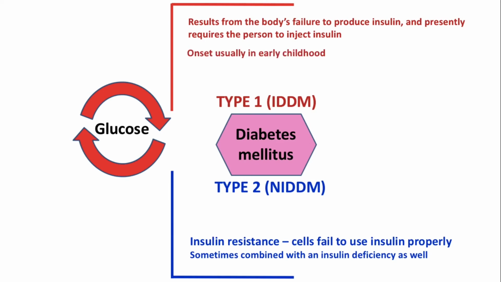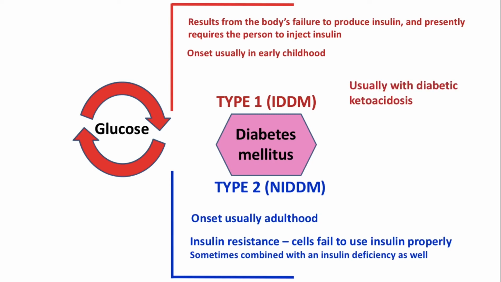Another thing, the type 1 DM, the onset of which is usually in childhood, whereas for the type 2, it's usually adulthood. And for the type 1, it has diabetic ketoacidosis. So why do we have this ketoacidosis? Remember, in type 1 DM, there is no insulin production.